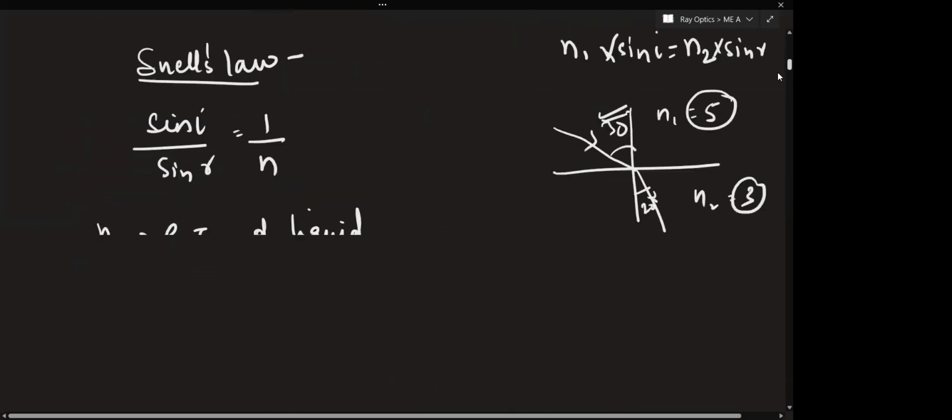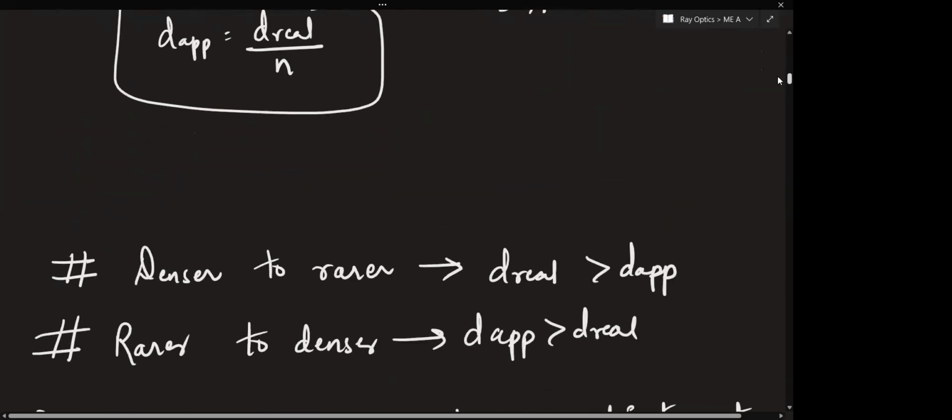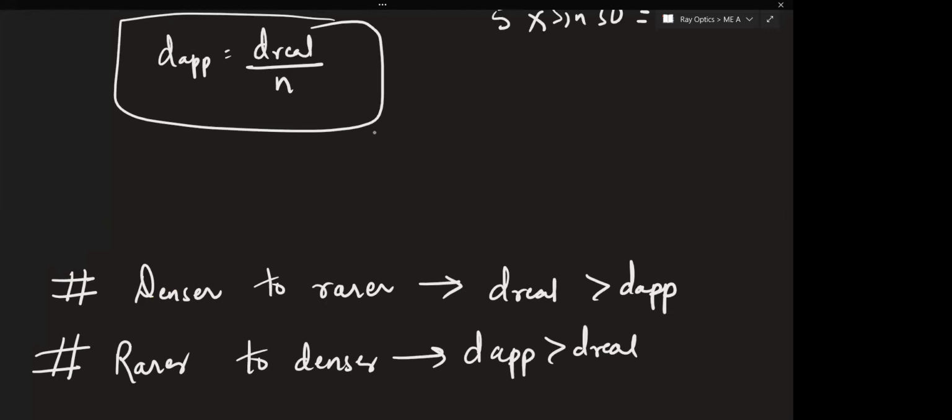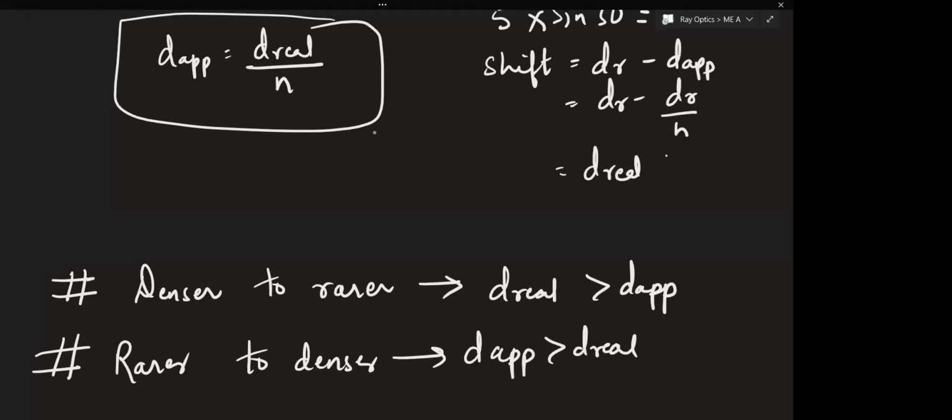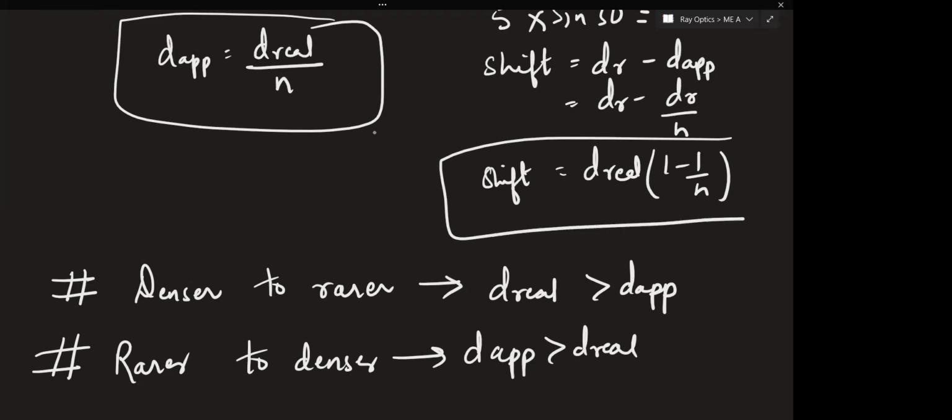So how will you write it? Simply it is the difference between both depths. So shift is the real depth minus the apparent depth. If you write the formula of apparent depth, that becomes d real by n. Take d real common, that becomes 1 minus 1 by n. So this is the formula of shift. Add this also into your notes.